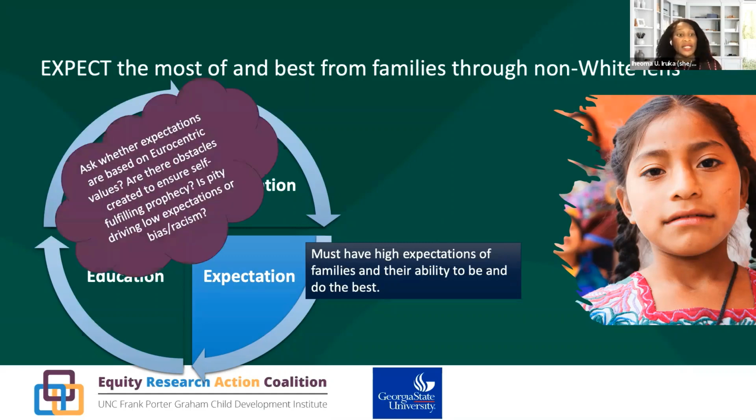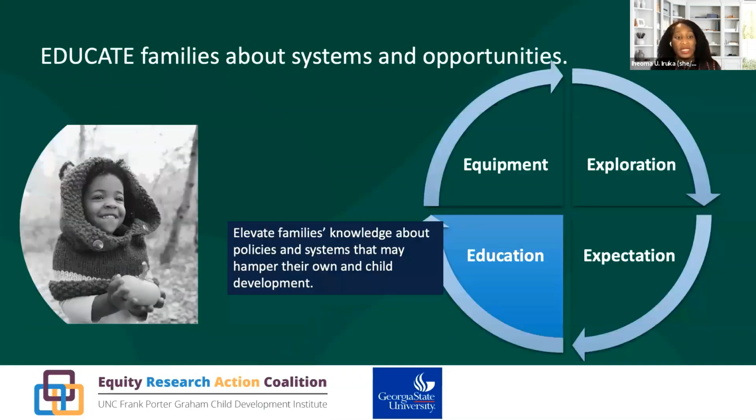So asking what the expectations are that's neurocentric is critically important. Find out what the obstacles to thriving are. Again, it's not about self-pity. It's not about pity, period. It's really about how we make sure that we have expectations and we create the conditions for families to meet that expectation. And then education.